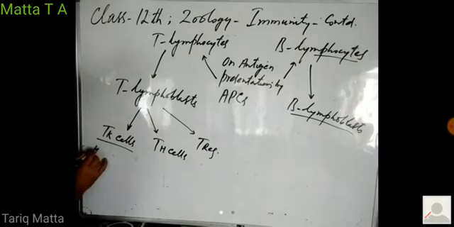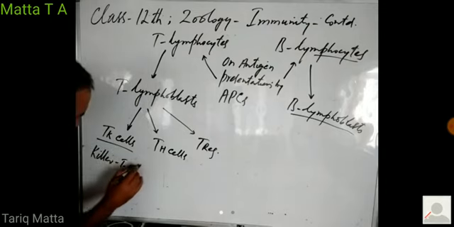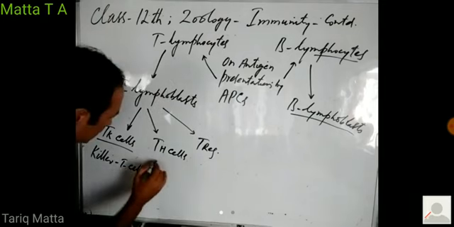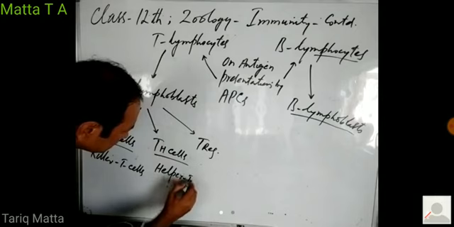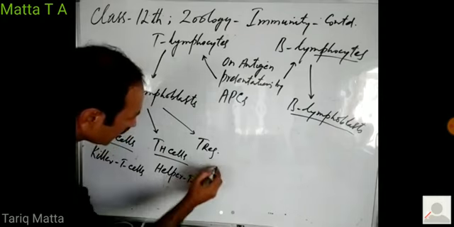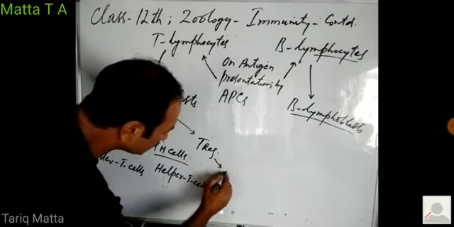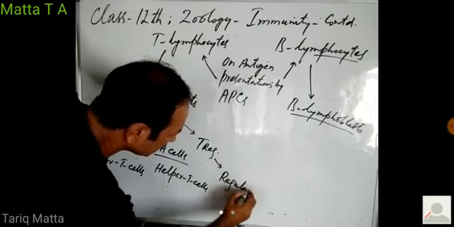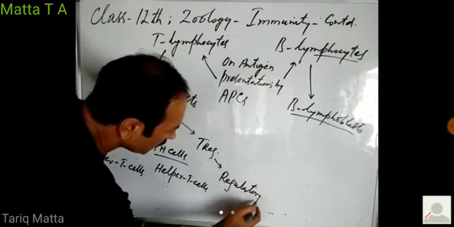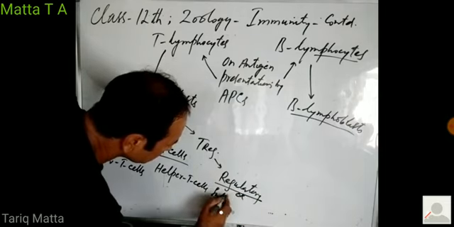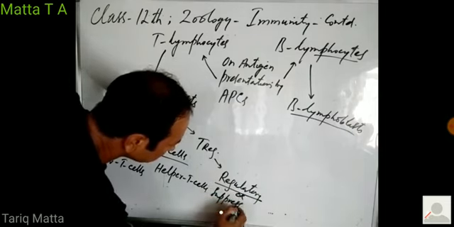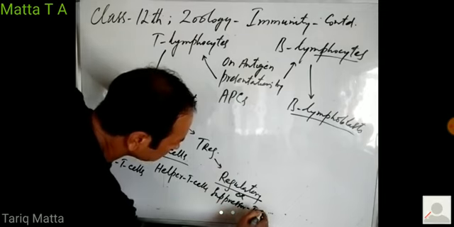They change into killer T cells, they change into helper T cells, and they change into regulatory T cells. Regulatory, or we also call them suppressor T cells.